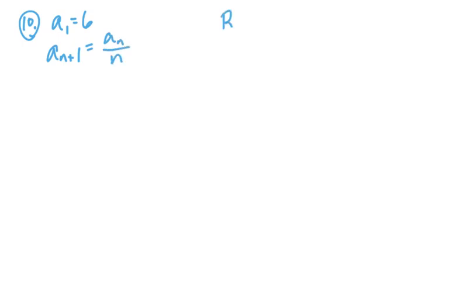This is called a recursive sequence because the sequence is determined based upon the term before it. So a sub 1 equals 6. And then a sub 2, notice that means a sub 1 plus 1, is a sub n, which is the previous one, 6, over n, which is 1. Because this is a sub n plus 1. So we have 6 over 1, which is 6.